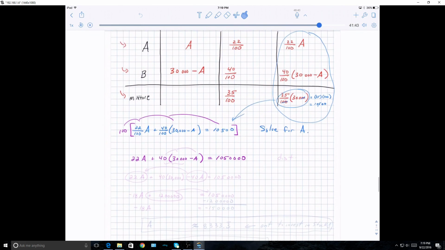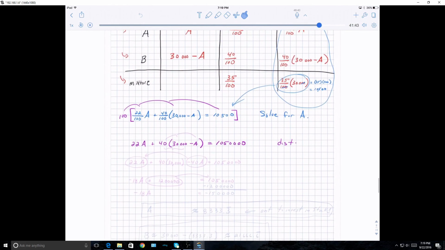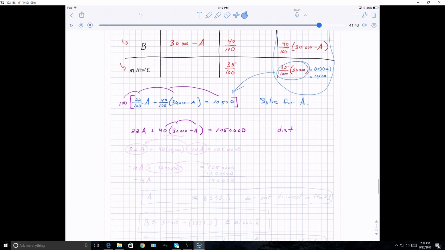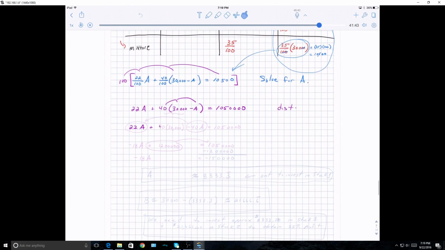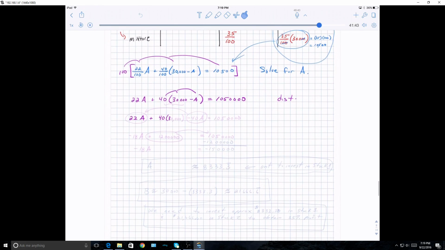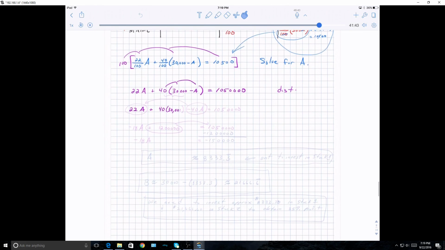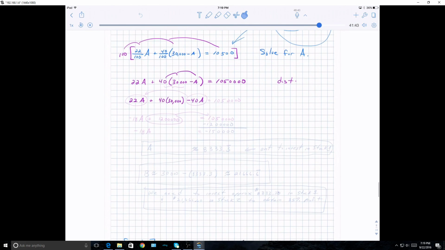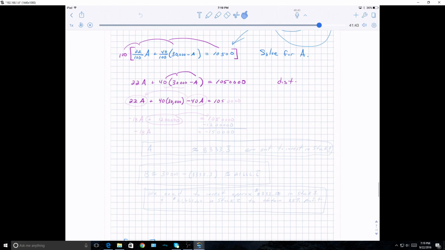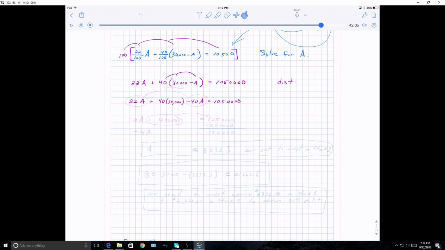All right, so now we're just going to do the basic distribution, and I'll rewrite it as 22A plus 40 times this value, minus 40A, is equal to this value there.